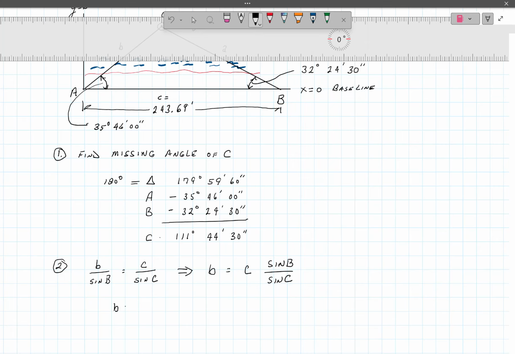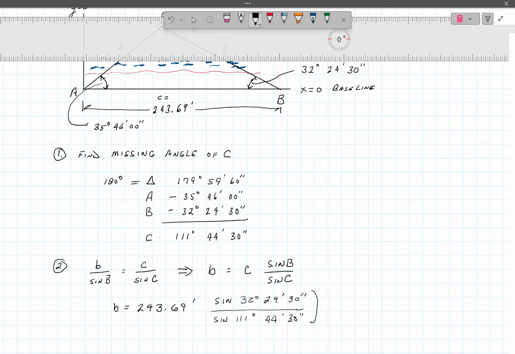So B will be equal to C, which is 243.69 feet, all times the sine of B, which was 32 degrees, 24 minutes, 30 seconds, divided by the sine of C, which we now know is 111 degrees, 44 minutes, 30 seconds.